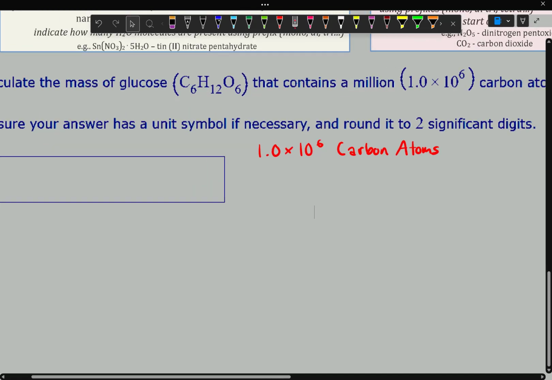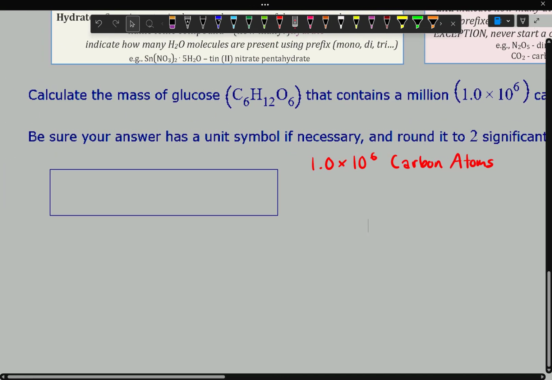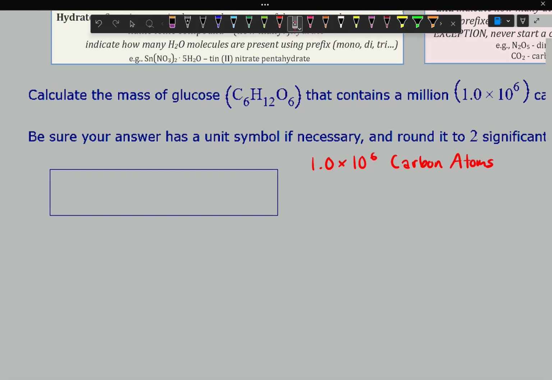So, to find the molar mass of glucose, we need, from the periodic table, to get the molar mass of carbon, the molar mass of oxygen, and the molar mass of hydrogen, and add up the amount of those atoms we have in the compound.